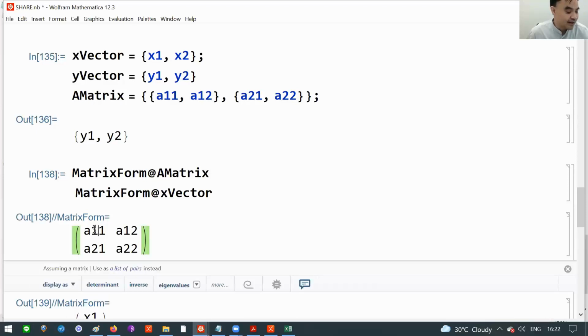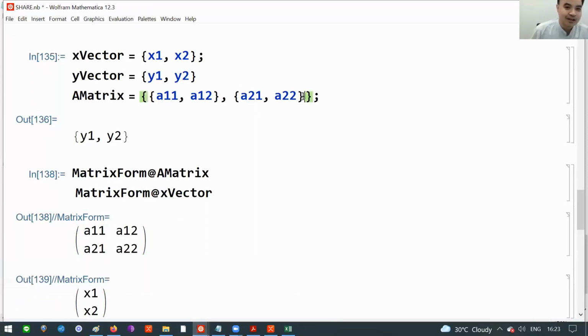I use the row index, then column index. This is the opposite of Excel. Excel uses column index, then row index. Here you use row first. So this is 2 by 2. I'm going to make it more interesting, I'm going to make it 3 by 2.